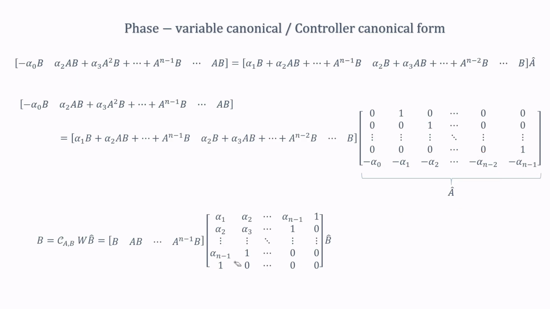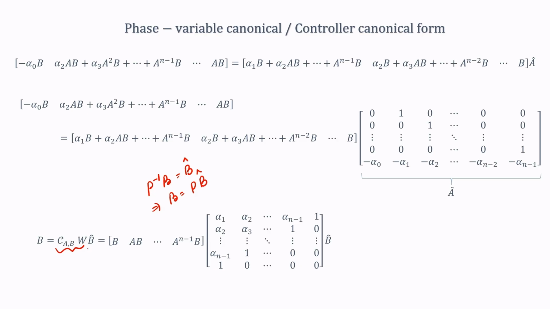What about B hat? B hat will be P inverse B, right. This is what has to be followed, which means that B must be equal to P B hat.